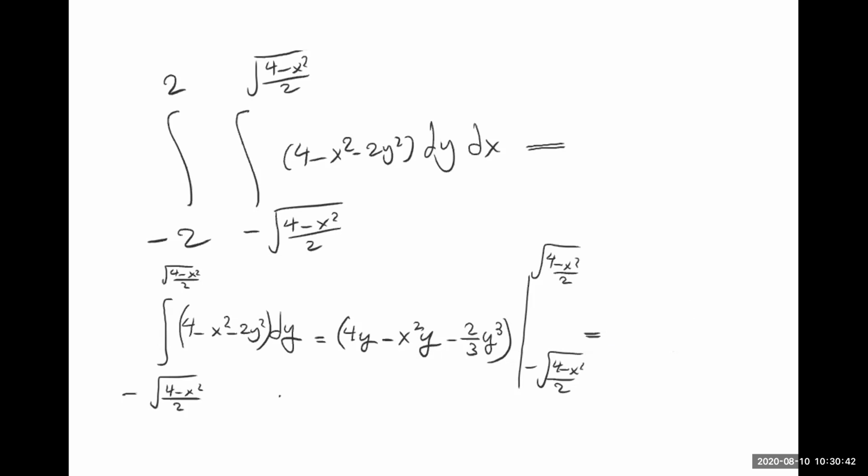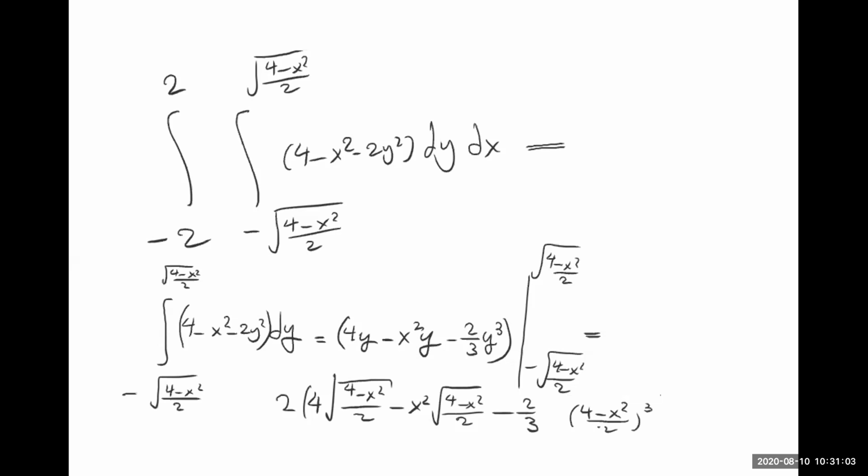So it would be 2 times 4 square root of 4 minus x squared over 2 minus x squared, 4 minus x squared over 2 minus 2 over 3 times 4 minus x squared over 2 cubed, square root of that. That's what we are going to get, which is quite complicated. But we can simplify this thing. So I can simplify it.